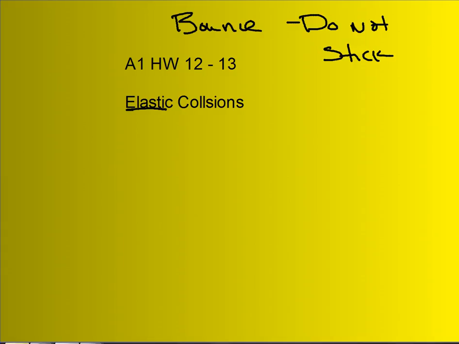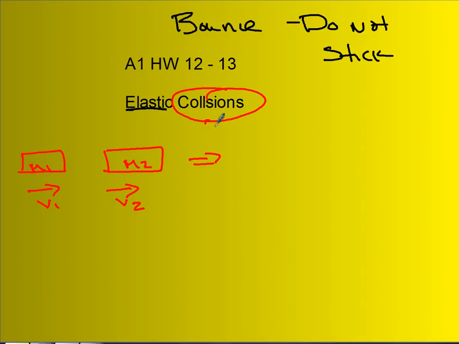Alright, so let's see. Suppose I have two masses, M1 and M2. And say these are trucks or blocks or cars or whatever. Let's say M1 is moving with a velocity V1 and M2 is moving with some velocity V2. We have a collision. Remember, my double arrow here always means collision.